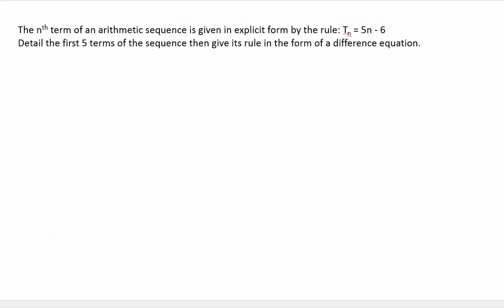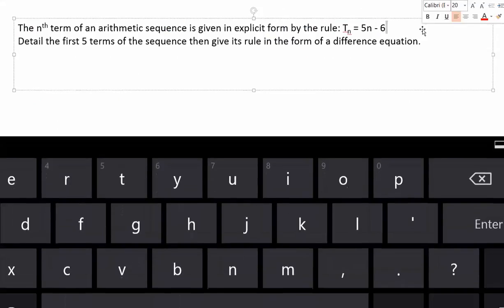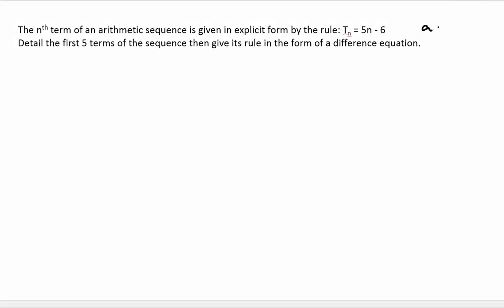In this case, we're actually given the arithmetic sequence format. It's quite easy to convert that once we know the first term into a difference equation. So I start off with n is equal to 1, then try 2, 3, 4, and 5 in this case, and I can simply write that down.